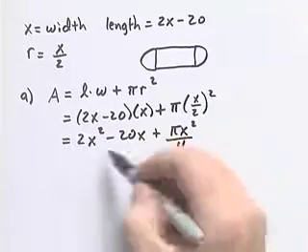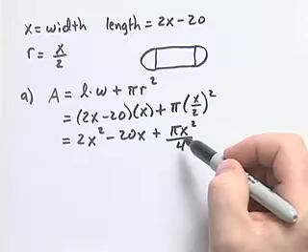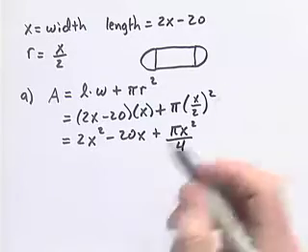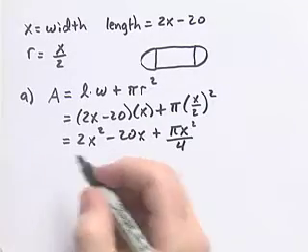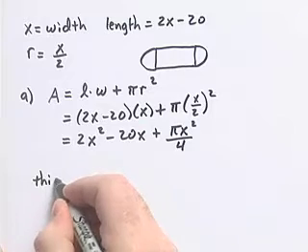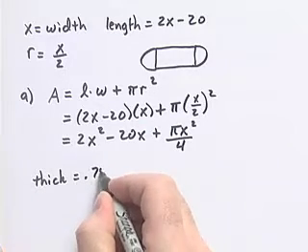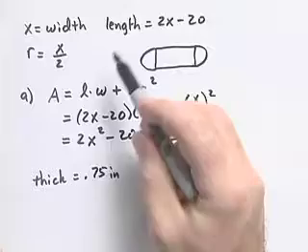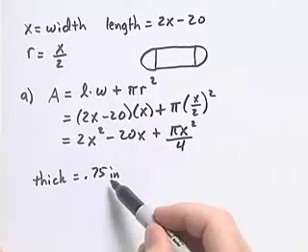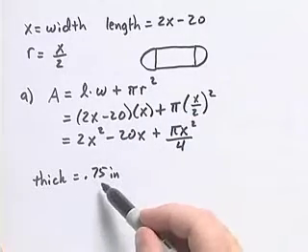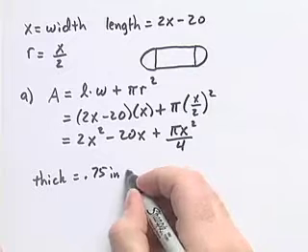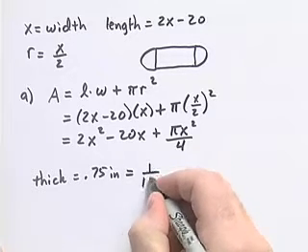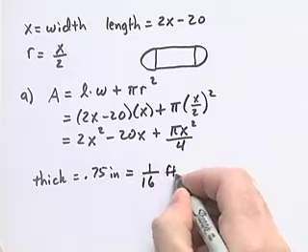And so we have this expression for the surface area in terms of x, but we want the volume. And we know that the thickness of the ice is 0.75 inches. Everything else we've done up here has been in feet, and here we have inches, so we need to make sure that we write this in terms of feet. And 0.75 inches turns out to be 1/16 of a foot.